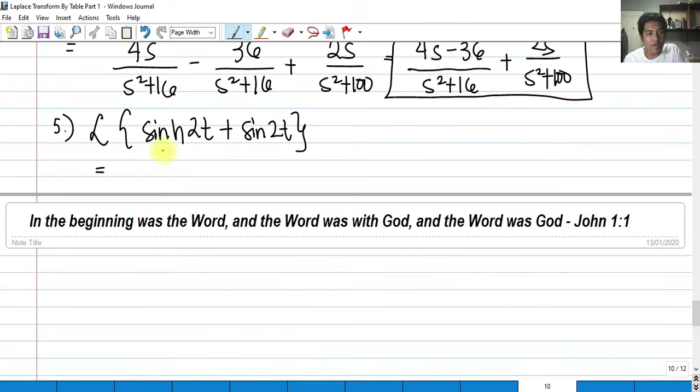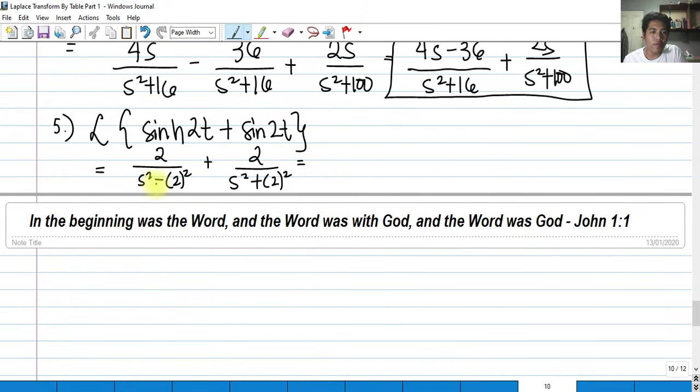For hyperbolic sine, we have 2 over s squared minus 2 squared, plus for our sine, we have 2 over s squared plus 2 squared, because that is our a. That's the difference between a hyperbolic sine and a normal trigonometric function sine.